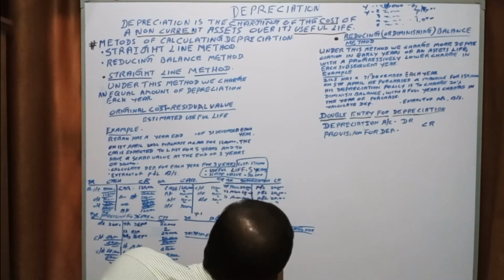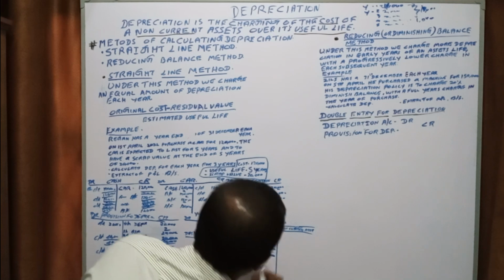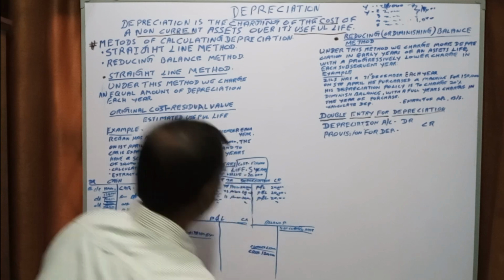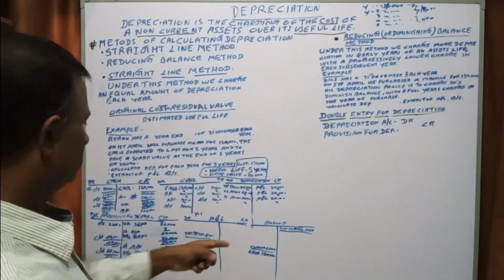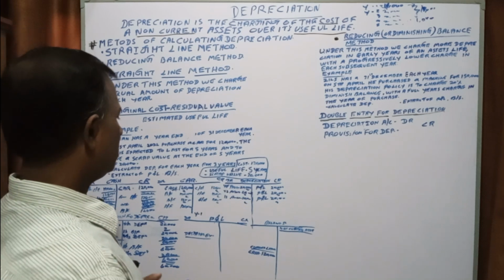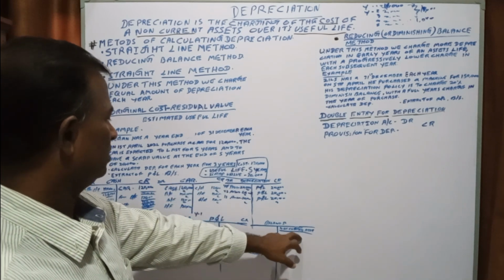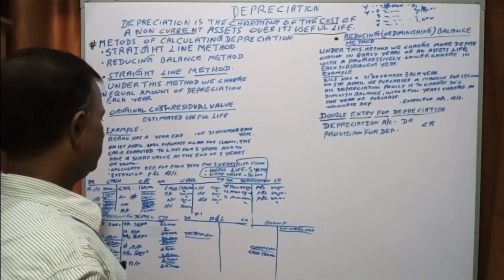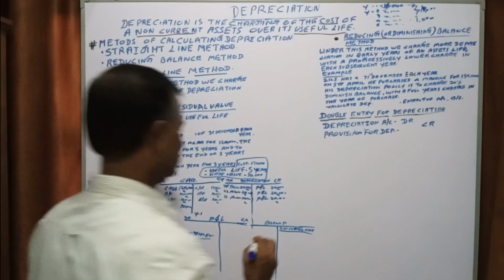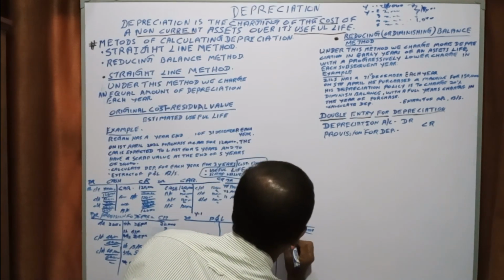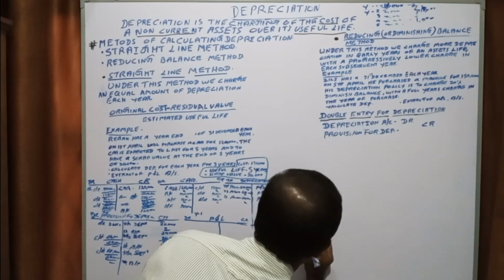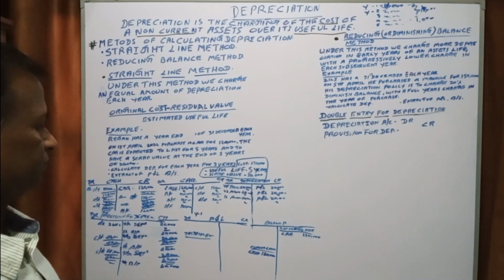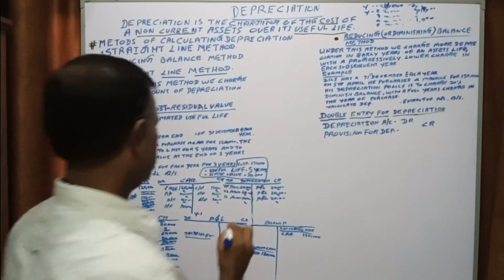Cash has a credit balance of 120,000, and the car is a non-current asset with a value of 120,000. Car 120,000, year 1, right?